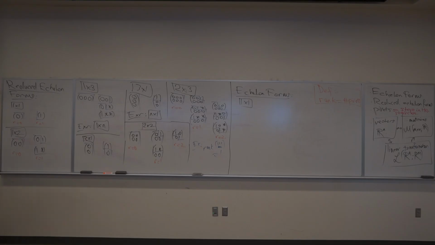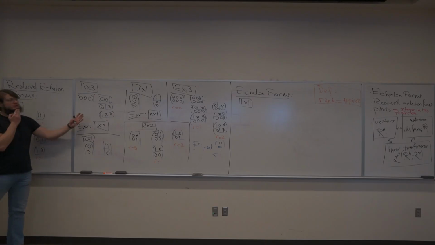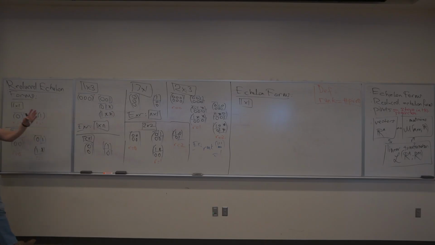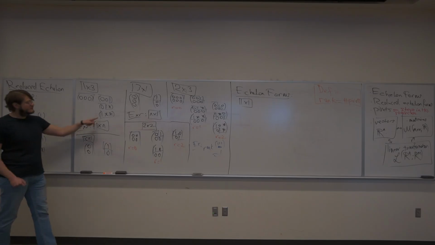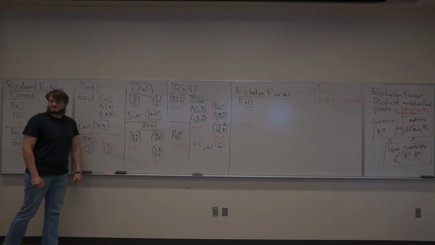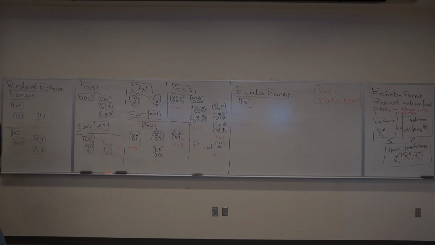Now, how about echelons in general? Essentially, you take any reduced echelon and you mess it up just a little bit using row operations. The only thing you keep is the staircase shape. So for instance, if I start with a 1 by 1, you cannot do anything with this. So this stays.